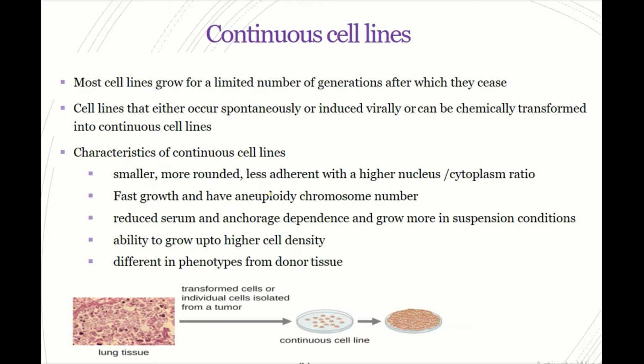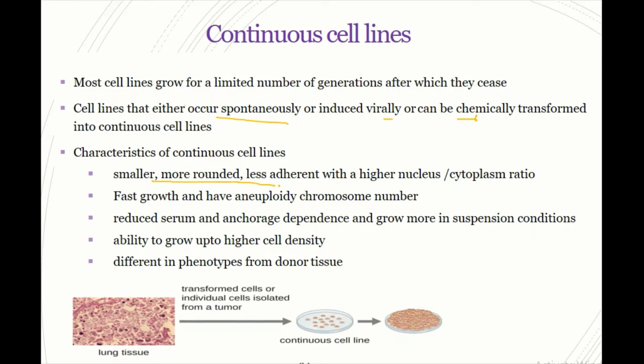Now, we have the continuous cell lines that solve the challenges of primary cell lines. Here we alter our cell lines either spontaneously, by having cancerous cells that multiply uncontrollably, or induce them virally or using chemicals, so that they become continuous, such that you can keep passaging and they will continue to grow.